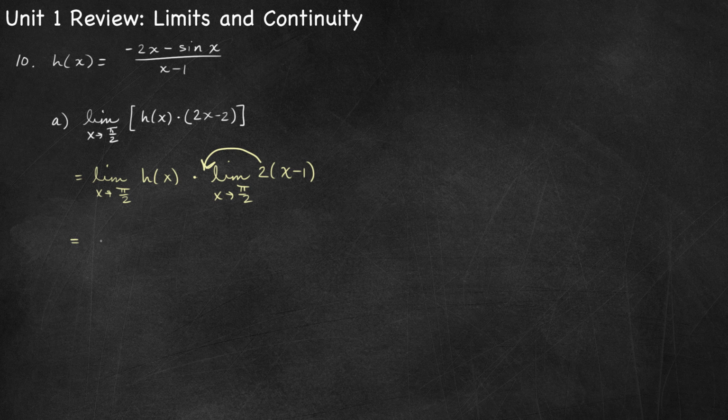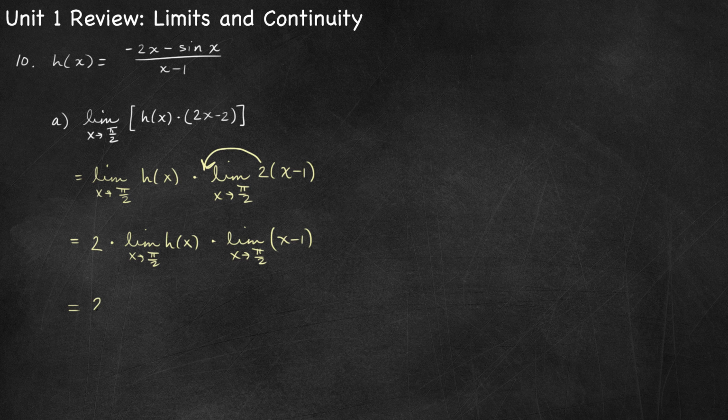So this would be 2 times the limit as x approaches pi over 2 of h of x times the limit as x approaches pi over 2 of x minus 1. Now you don't have to approach the problem this way, but let's see how this works out.